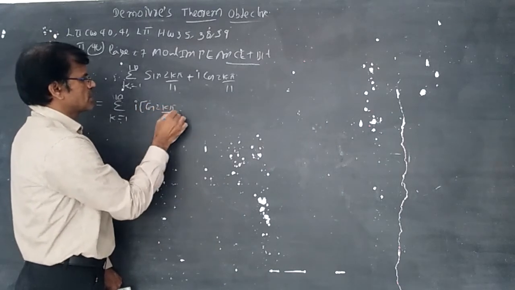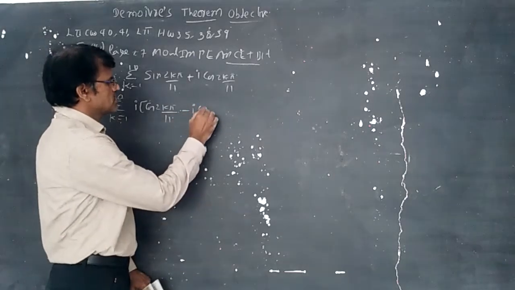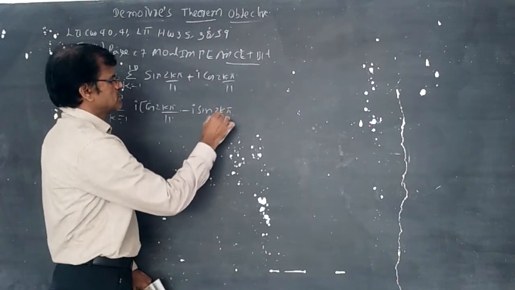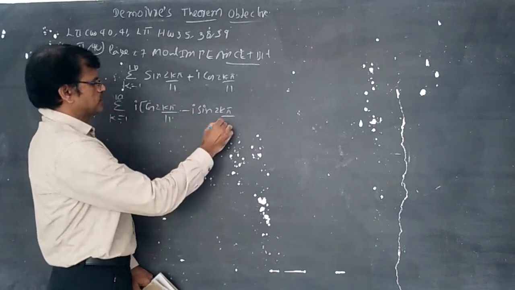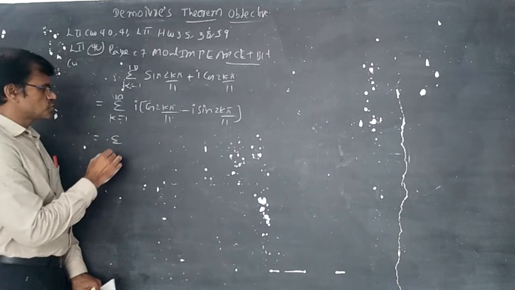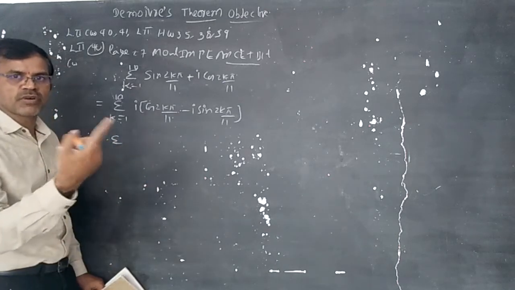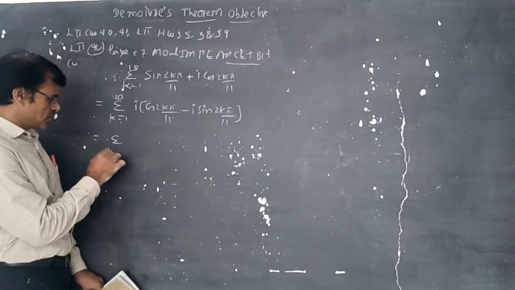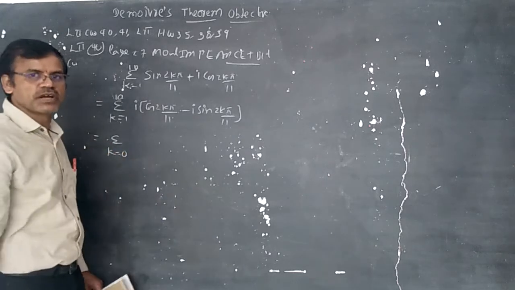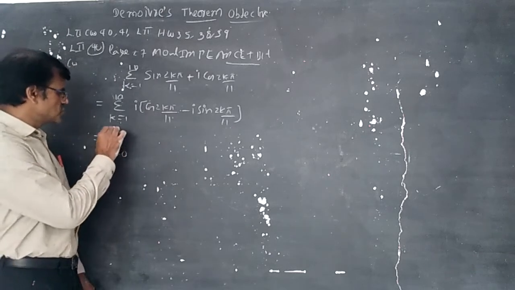That is where I taken common: i into cos 2k pi by 11 minus i sin 2k pi by 11, because i square is equal to minus 1. The summation should start with the formula 1 plus alpha plus alpha square and so on until alpha power n minus 1. So here it should start with k equal to 0, 1 and so on to n minus 1. So start here from 0 to 11.